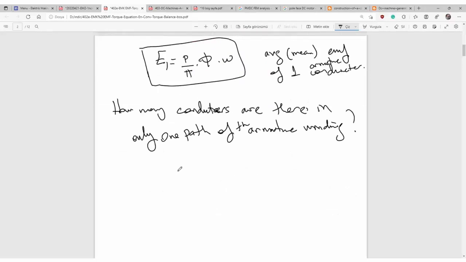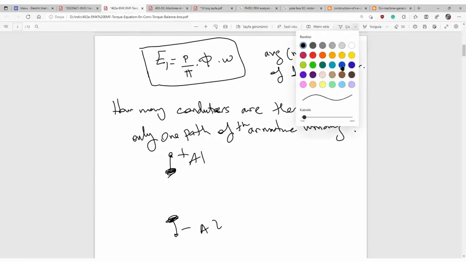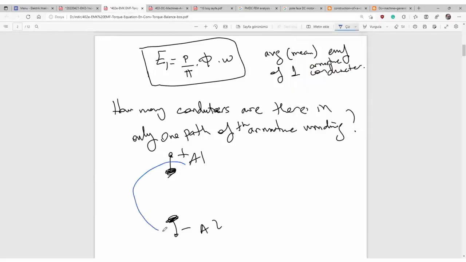What I mean, here are some brushes, let's say plus and minus, or A1 and A2 terminals. Between those two brushes or terminals, let's say here's the machine. Let me draw it again.